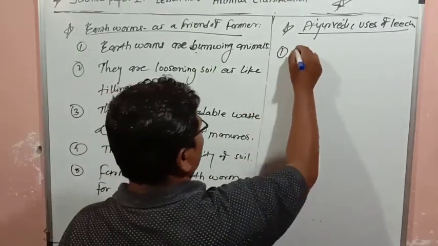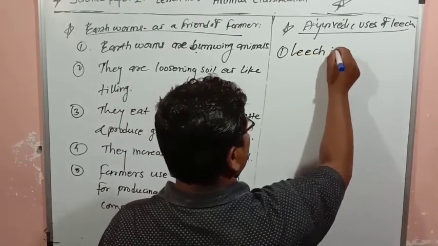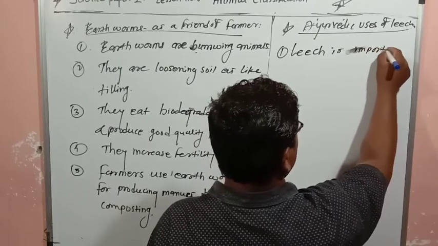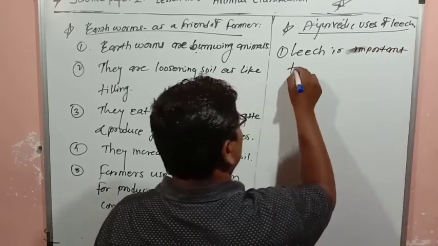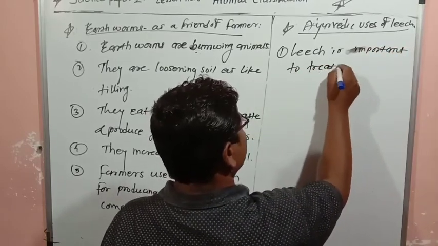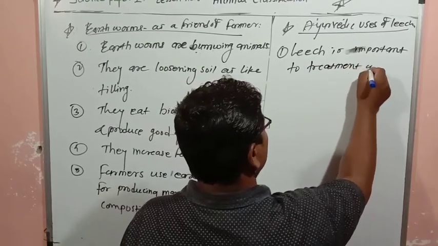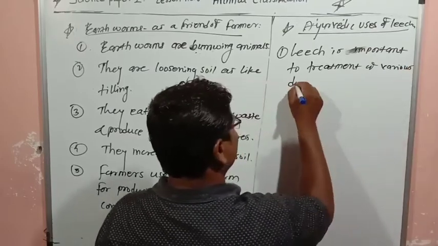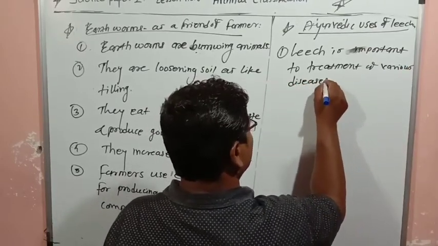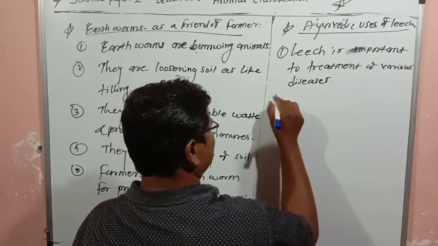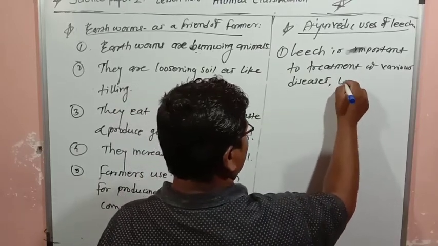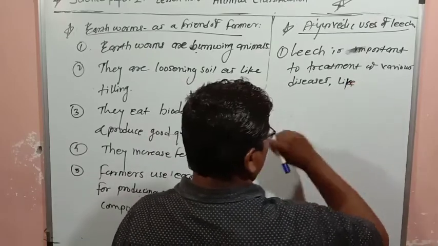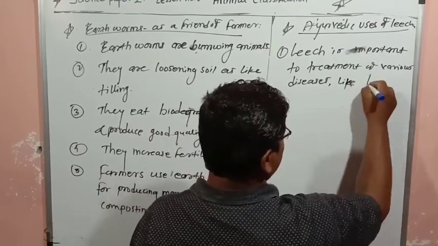First thing is that leech is important for treatment of various diseases, like, what you can say, diabetics.